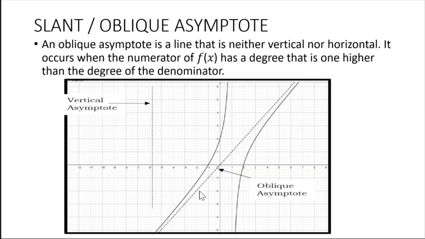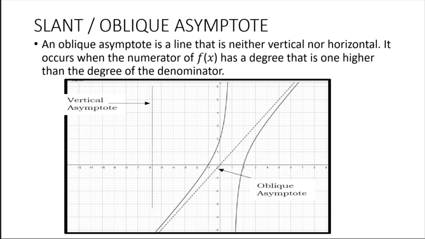So what is a slant or oblique asymptote? An oblique asymptote is a line that is neither vertical nor horizontal. It occurs when the numerator of f of x has a degree that is one higher than the degree of the denominator, meaning the function has no horizontal asymptote.